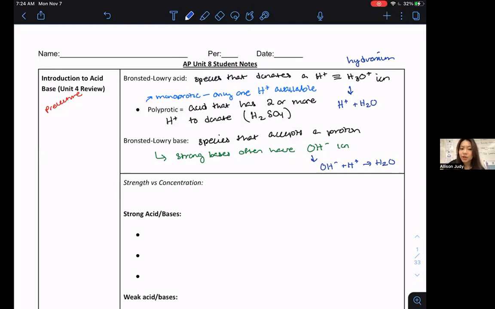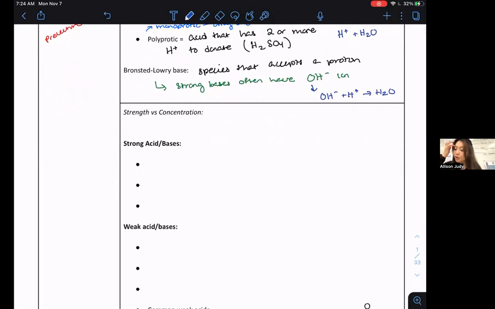Okay, so quick note before I get into the next discussion on strong acids and bases versus weak acids and bases: keep in mind that concentration does not always equal strength of the acid and base.